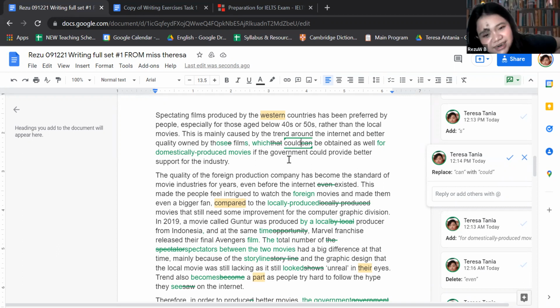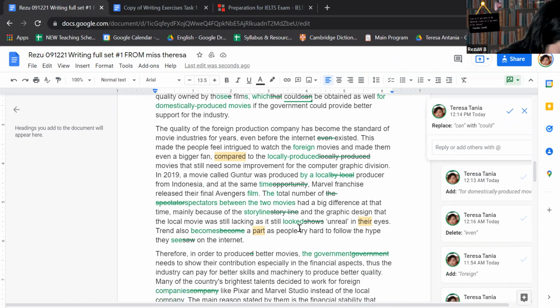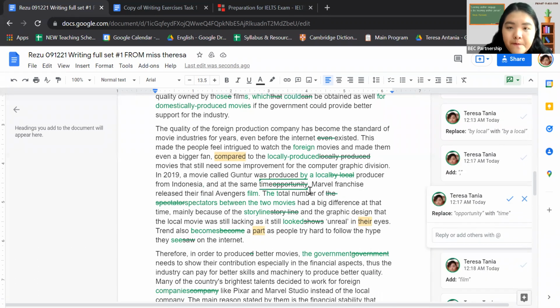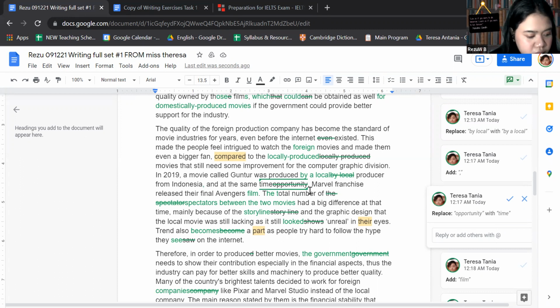I see. Okay. Understandable. Oh yeah, this one also, the connotation part. Opportunity here doesn't really work. It's more like a time. Time. And it's okay. So it's different, not used in that situation.